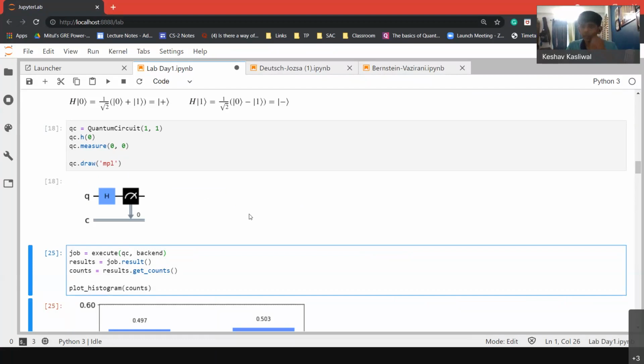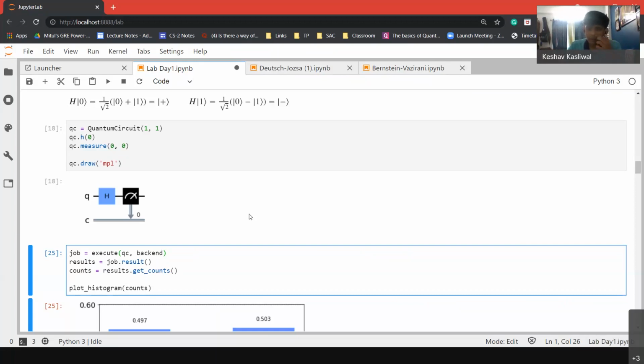Then your point is absolutely correct that if we increase the number of shots, then we have a large sample space, a large set of numbers that would converge to the exact result. However, this was optimum. Even if you give it 10,000 or 1 lakh, it would converge to 0.5 and 0.5 as well.